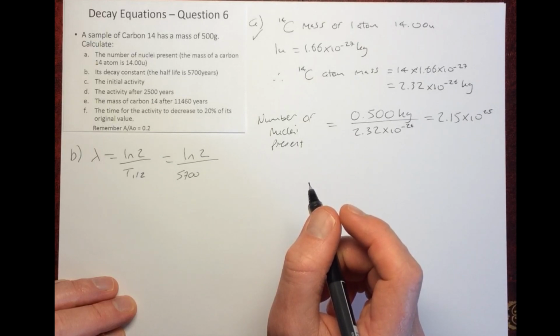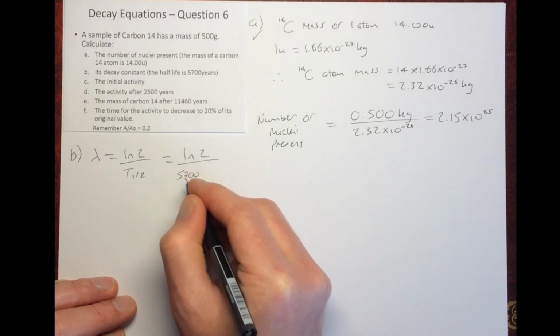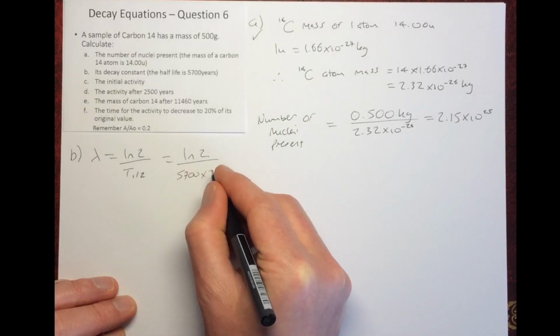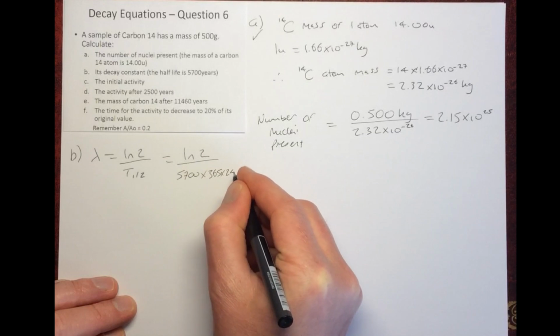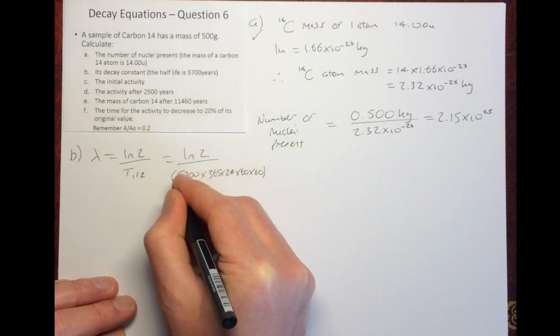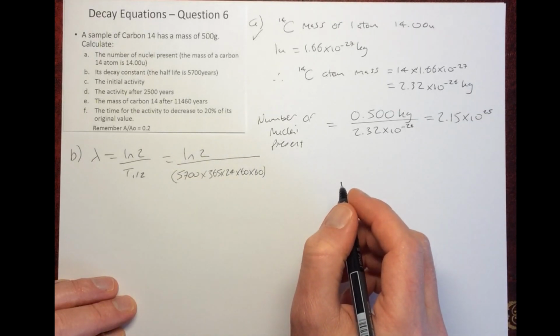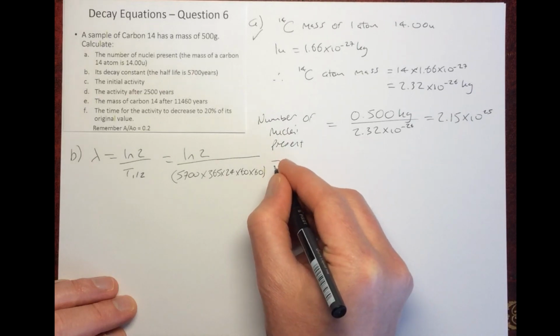I'm going to convert this half-life into seconds by multiplying by 365 times 24 times 60 times 60, because there are 365 days in a year, 24 hours in each day, 60 minutes in each hour, and 60 seconds in each minute.